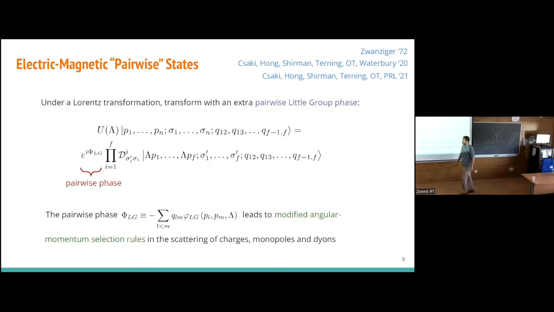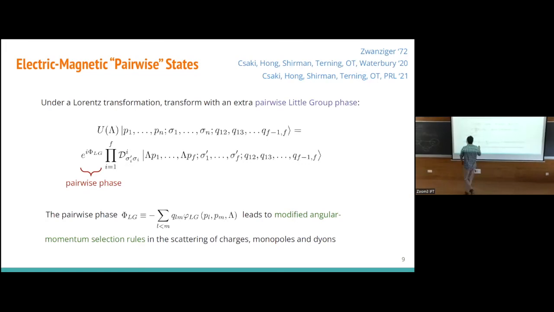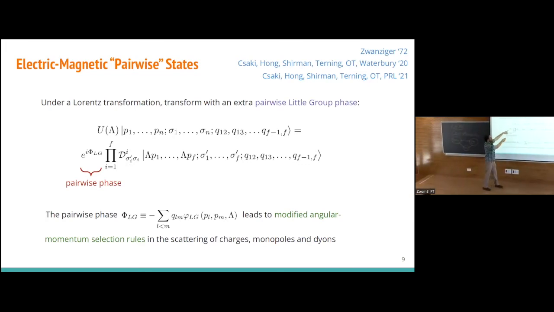The way these multi-particle states transform under a unitary representation of the Lorentz group is that the momenta are just Lorentz transformed. There are factors associated with the single particle rotation.